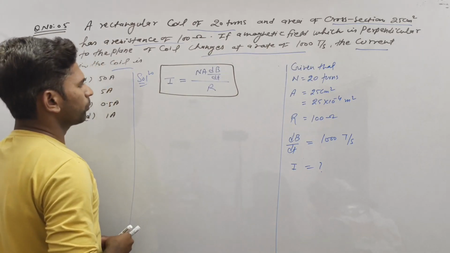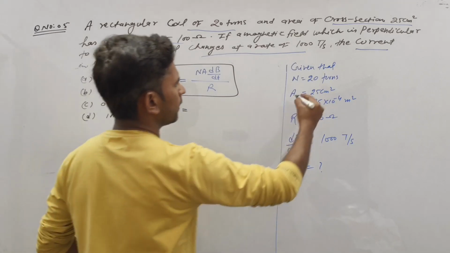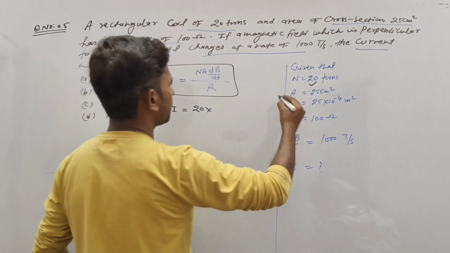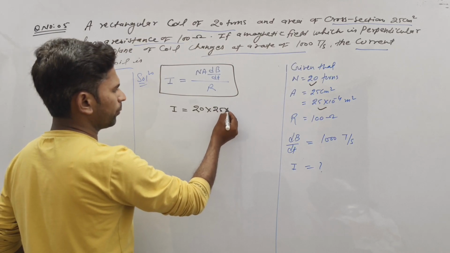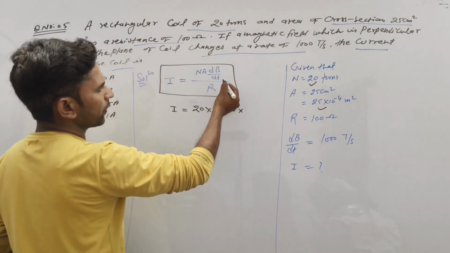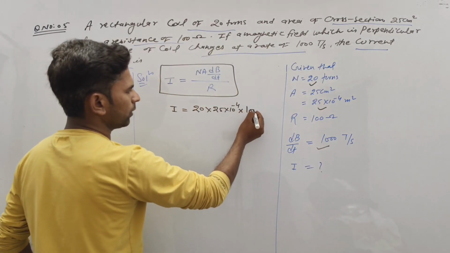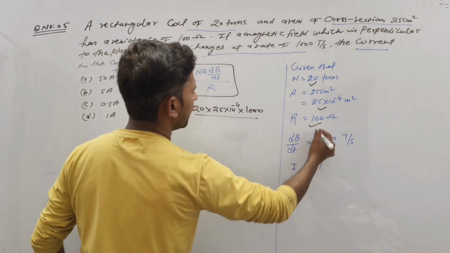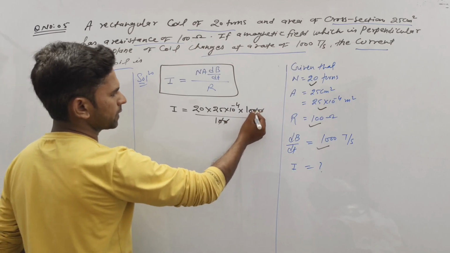Now put the values: I is equal to N, which is 20, multiplied by A, which is 25 multiplied by 10 power minus 4, multiplied by dB upon dt, which is 1000, divided by R, which is 100. This will cancel with this.